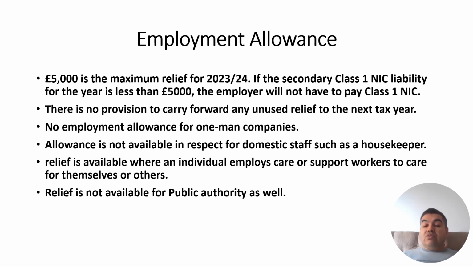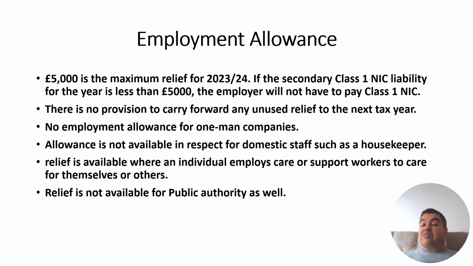For instance, a company has only 2 employees paying wages, and the secondary NIC is calculated as less than 5,000 for the year. If any employment allowance is left, that cannot be carried forward. From the next year, the allowance will be refreshed.